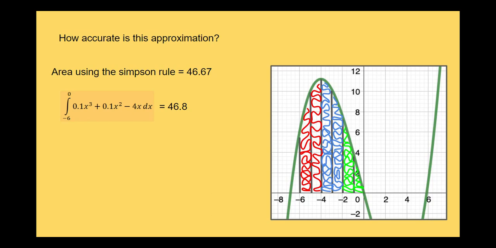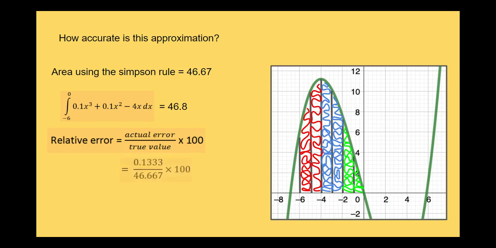What's the relative error? That's how we find it. The actual error is the difference between the values, and the true value is what we find from calculus. For that, less than 1% error. And if you want it even more accurate, we can split it into more pairs of strips.